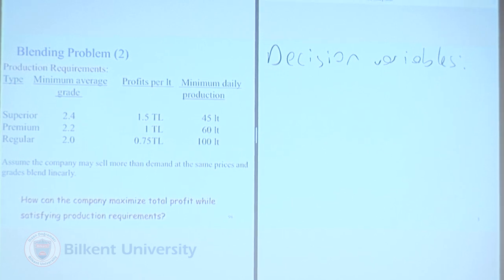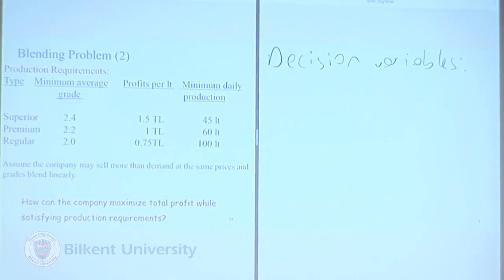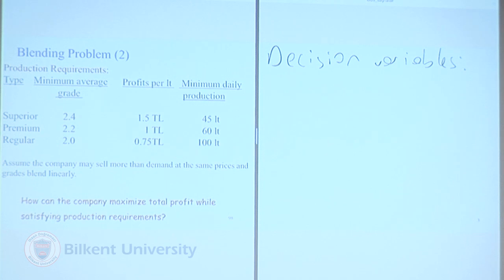What are your variables? Amount of oranges used from each type. Is she correct? Can I live with 3 only? It will be too hard to formulate it with just 3 variables. Yeah. 6. What are your variables?